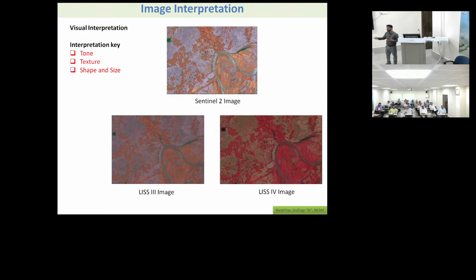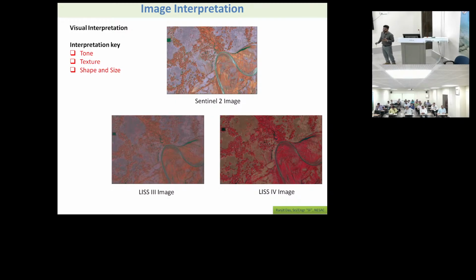If you want a certain date image, it may not be available. In Guwahati city you will get the latest one, every year you will get a new image, but you may not get it for remote locations. So at that time you have to buy satellite data like LISS 4.